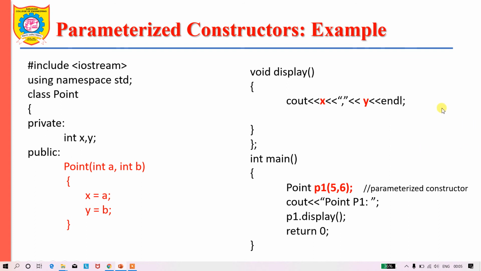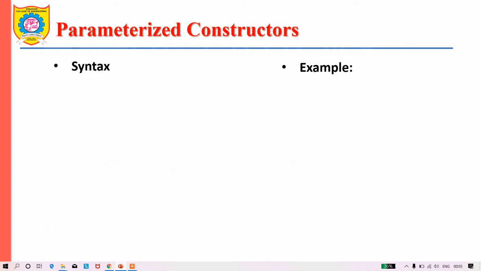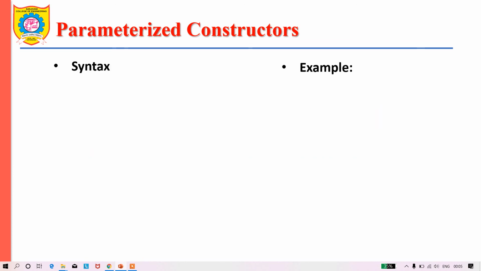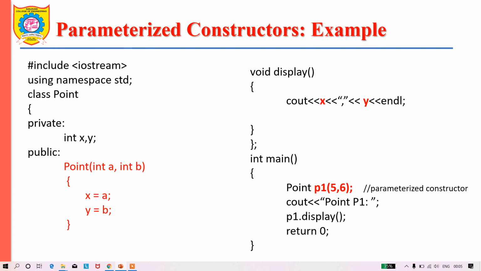Here I have p1 as an object and I have passed the arguments 5, 6. Now if you observe, this is my implicit constructor calling. To that object p1, the values 5, 6 are passed. These are the arguments.